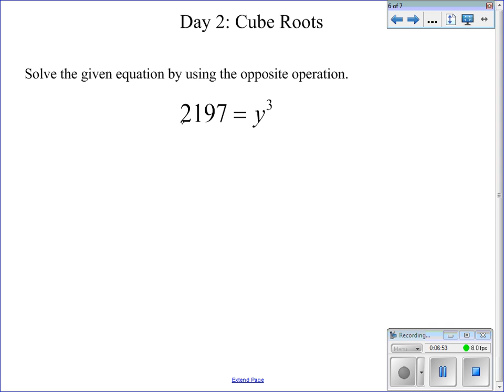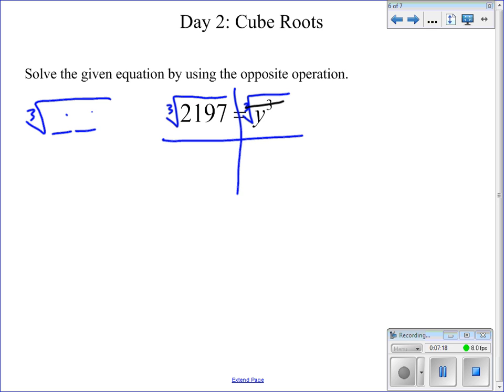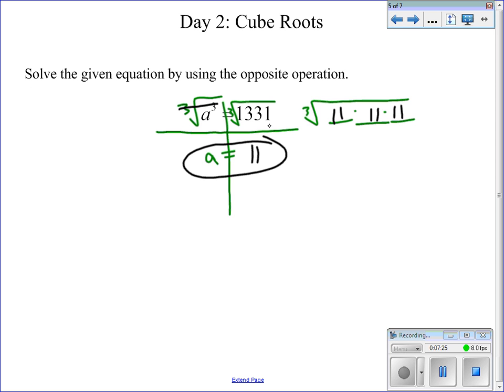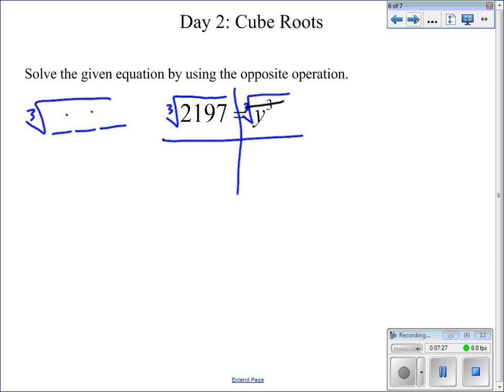Our last example, this time the variable is on the other side, but that doesn't really matter. We still need to take the cube root of both sides because it's the opposite of cubing a number. Notice the main difference between square root and cube root is this little 3 right here. Now we're asking ourselves, the cube root of what number times itself again gives us 2197? We know it's going to have to be bigger than 11 because 1331 is smaller.